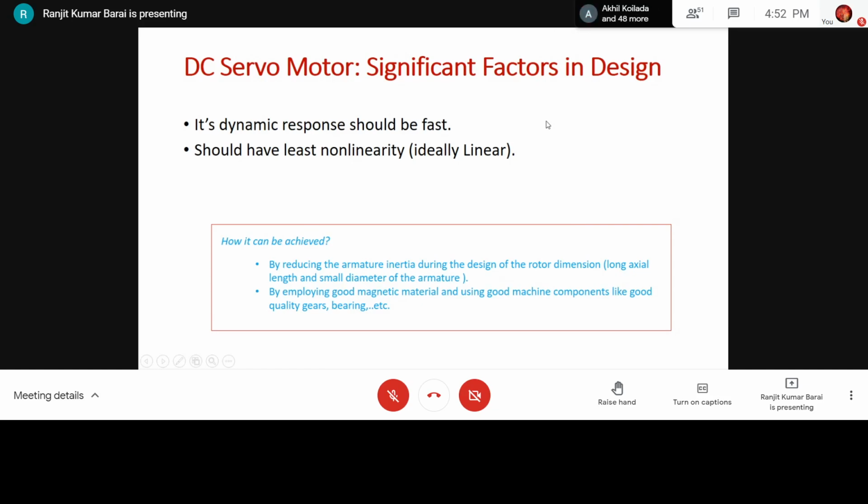When you go to the market and want to buy a DC servo motor, first of all, the seller will give you an ordinary DC motor. And if you do not understand the difference between an ordinary DC motor and a DC servo motor, probably you will take a wrong decision. Nowadays, people sell DC motors along with a gearbox like a DC servo motor, but they are not DC servo motors. DC servo motors are quite costly.